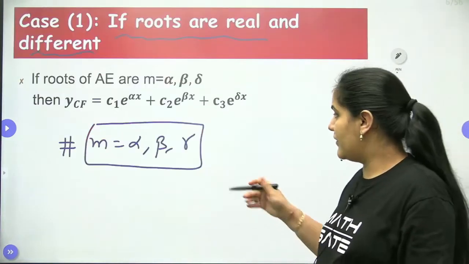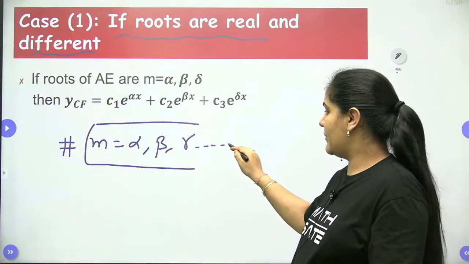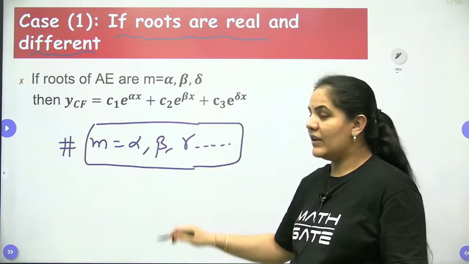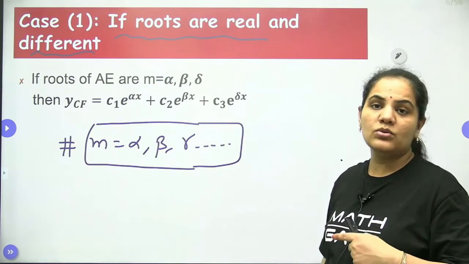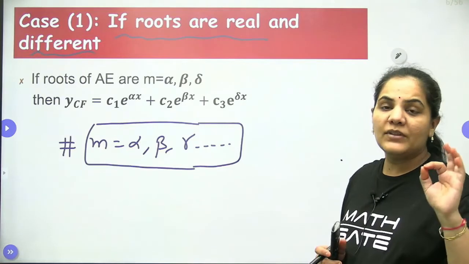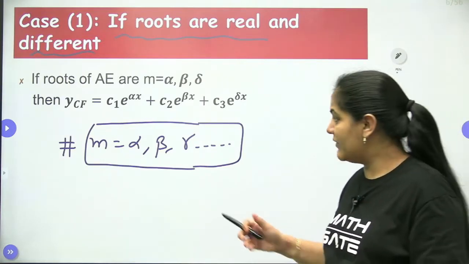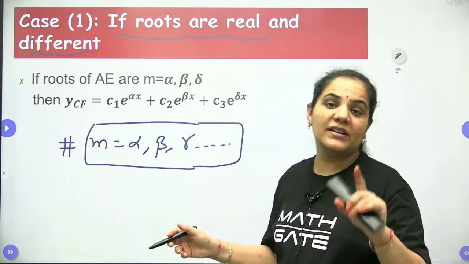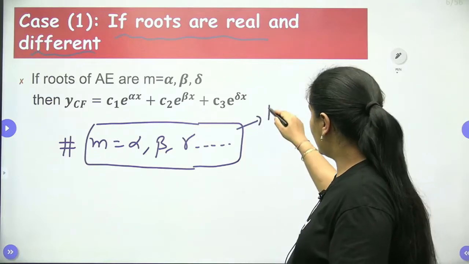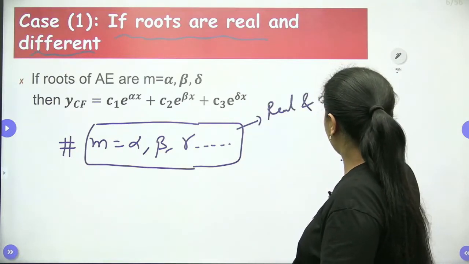Suppose we get roots like alpha, beta, gamma and so on. Then we say the roots are real but different.